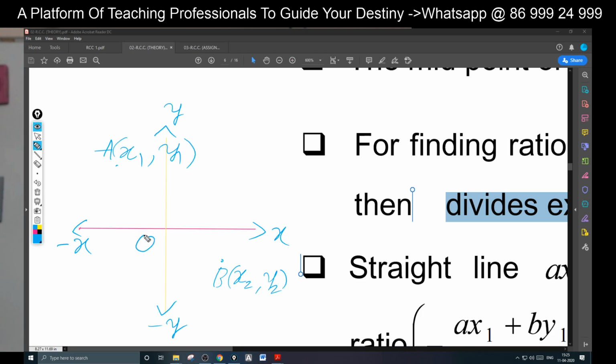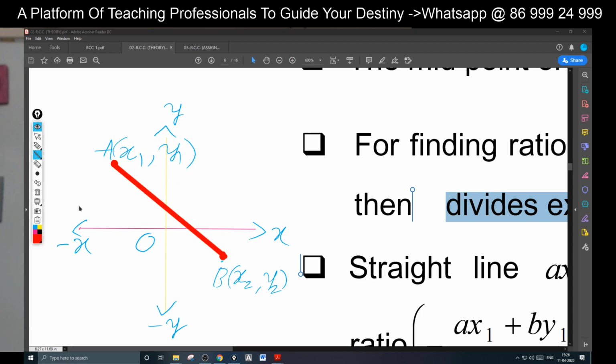This is the horizon. And what is our interest here? Our interest is in which ratio these 2 points are, in which ratio the line segment is divided by the x-axis and y-axis. That is our interest here. This is the line segment.